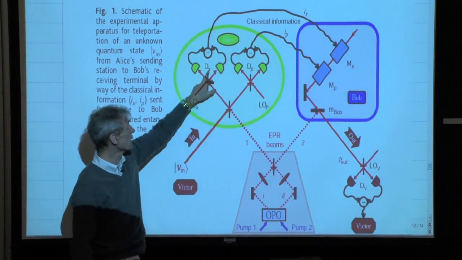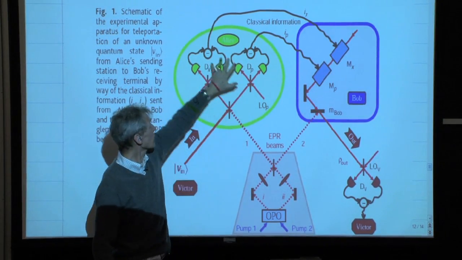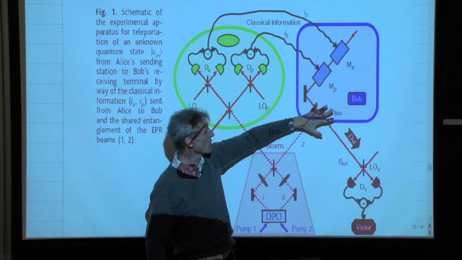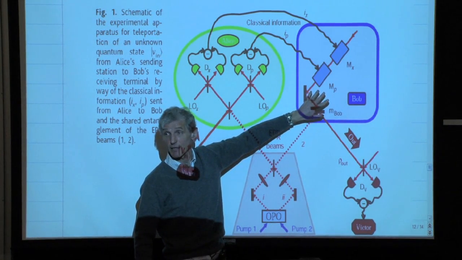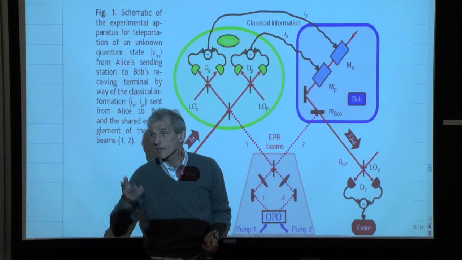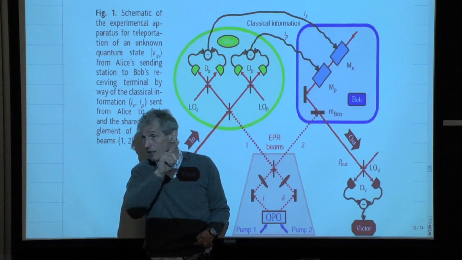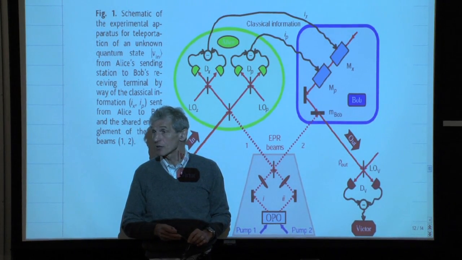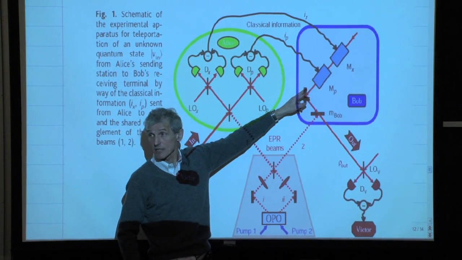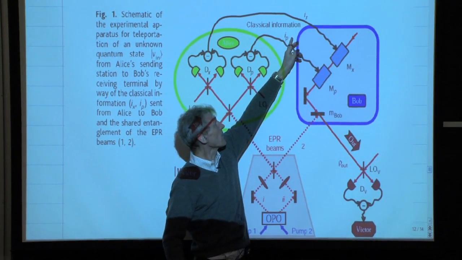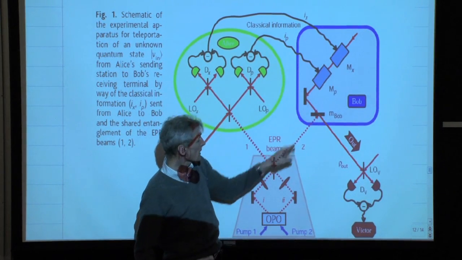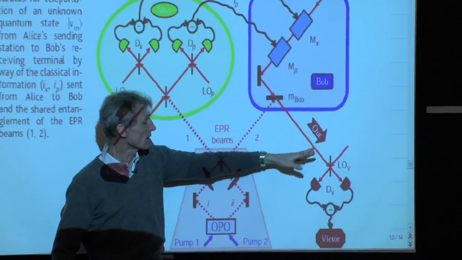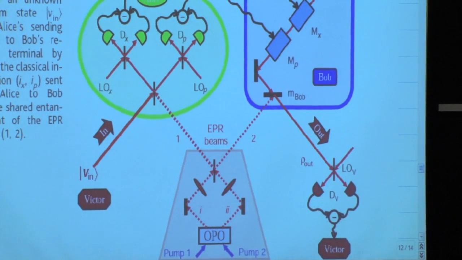And the displacement depends on X and P. So if Alice now tells Bob, hey, I measured X and P, Bob is now programming his displacement operator. Remember, the displacement operator is nothing else than an unbalanced beam splitter with a huge local oscillator as an input. So if Bob sets up his displacement operator, and makes a displacement which depends on X and P, he can take this other twin brother, shift it back, and he will exactly regenerate the quantum state which Alice had.